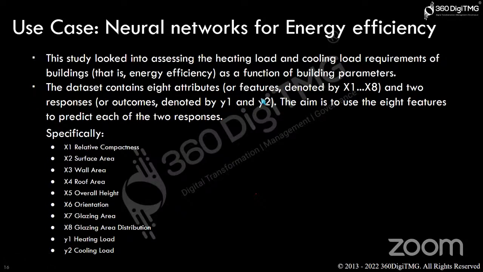One is denoted by y1, the other is y2. Y1 is heating load, y2 is cooling load. Our aim here is to use the 8 features to predict each of the 2 responses. So here we'll be making 2 models, one for heating loads and one for cooling loads.